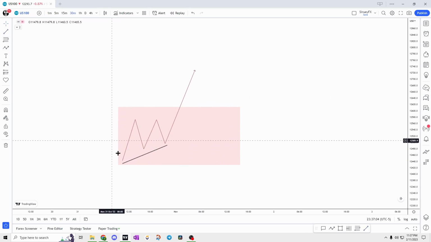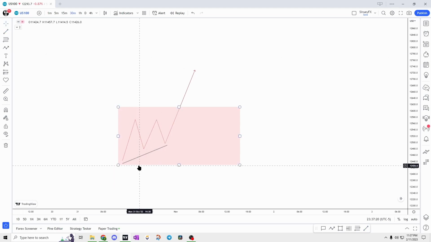Liquidity inside of this original consolidation was never taken. There was never a manipulation where it took out these sell stops here. Price just runs higher. So there is no stop hunt in this range or in this original consolidation.